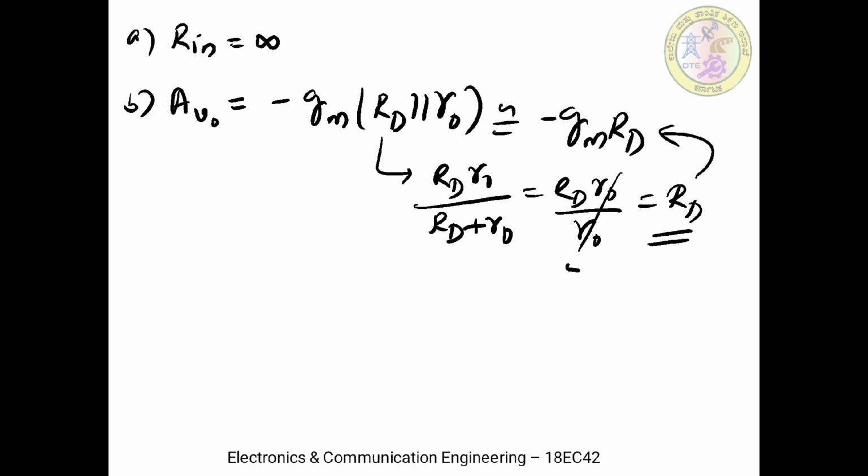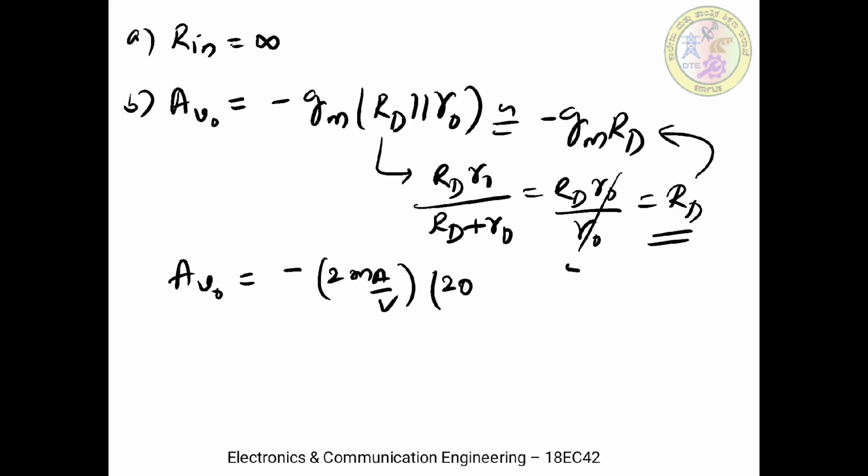Now we will simply substitute what our Gm value is. Gm we have computed as 2 milliamperes per volt. So 2 milliamperes per volt into Rd, 20 kilo ohm, which was given in the problem.